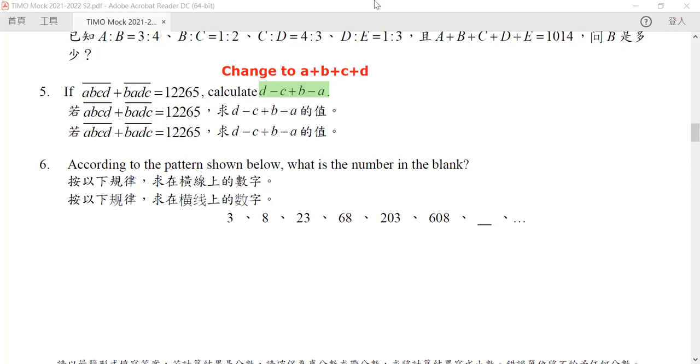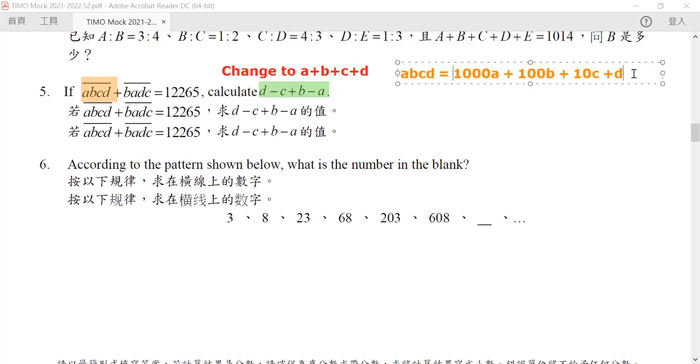Okay, so now let's go back to this question. Every time we see a summation problem like this, all we want to ask is, what does this mean? ABCD can be rewritten as 1000A plus 100B plus 10C plus D. The same thing goes for our BADC.